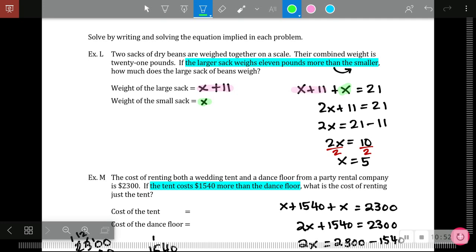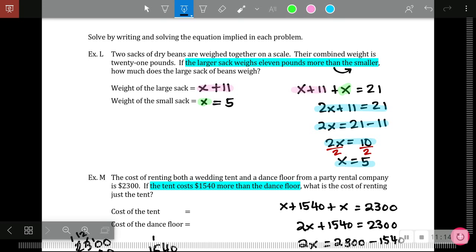So first of all, I combined the x's to get 2x. I take the 11 over to the other side and make it negative 11 and simplify 21 minus 11 and divide by 2 to get 5 for x. Now here's the tough part, okay? This x value is 5.